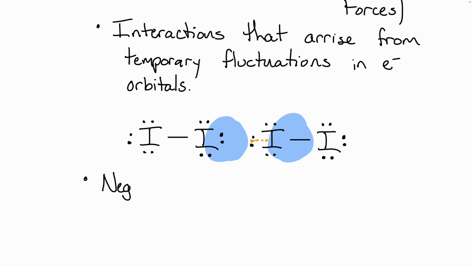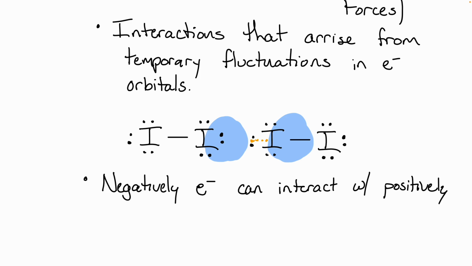So a negatively charged electron can interact with the positively charged nuclei of its neighbor, but only for like a femtosecond, a ridiculously short amount of time.